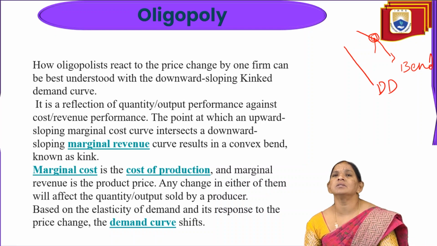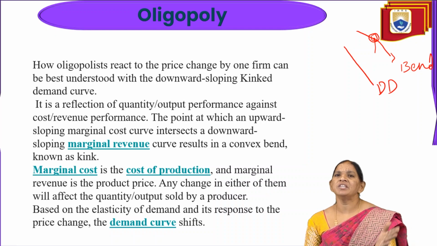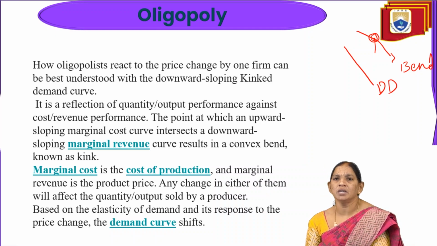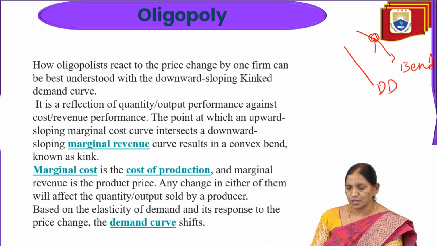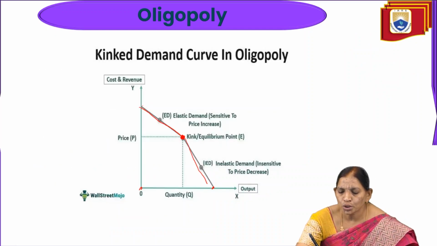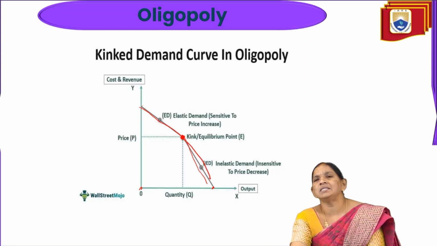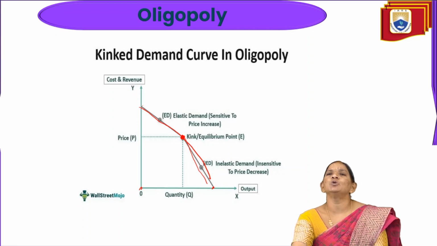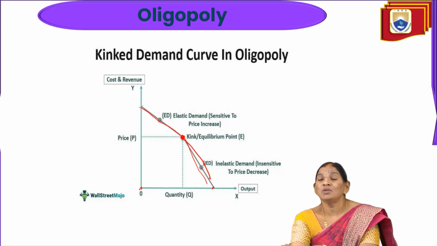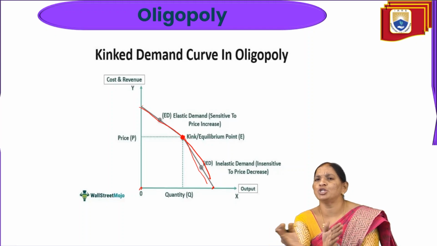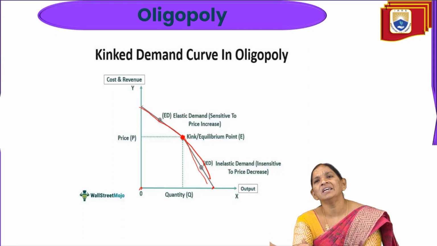The marginal cost, the cost of production and the marginal revenue are based upon the y-axis, where the changes take place along the x-axis. Respectively, we can identify that due to a little decrease in the price, there is inelastic demand, that is, insensitivity to the price decrease, meaning it will not react. Even with a little increase in the price, it won't react. The consumer will purchase whatever quantity they require.